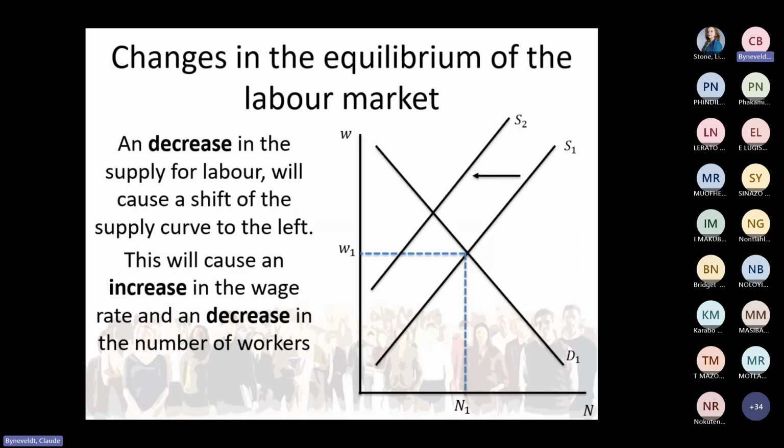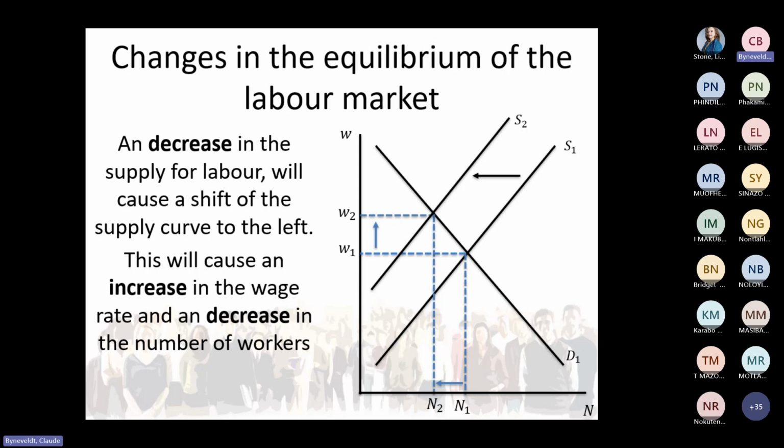In changes in the equilibrium of the labor market, if there's a decrease in the supply of labor, the opposite will also be true. The supply curve will shift to the left, and it will increase the wage rate.